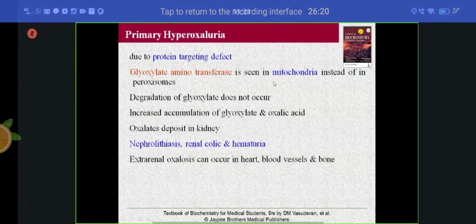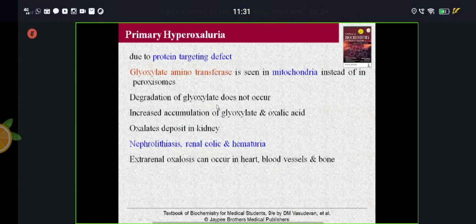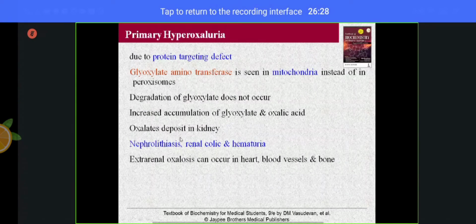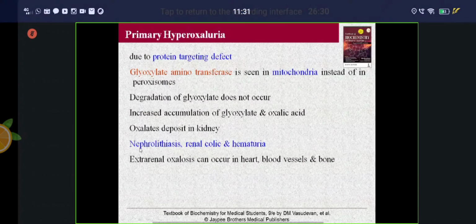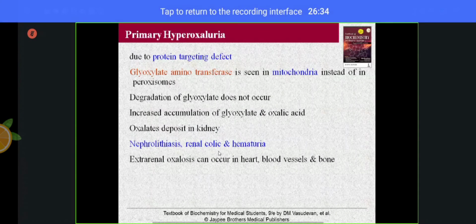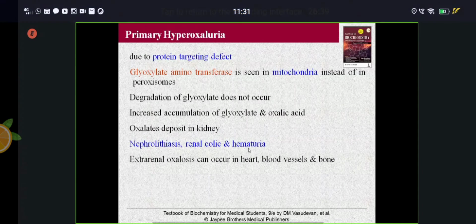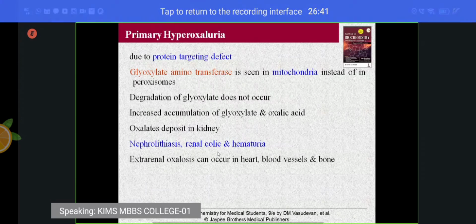So the glyoxylic acid which is formed is not getting broken down, leading to a lot of oxalic acid accumulation, leading to oxalate stones. Nephrolithiasis means stone in the kidney. Colic means renal pain, and this stone causes irritation in the ureter leading to bleeding. So this is primary oxaluria.